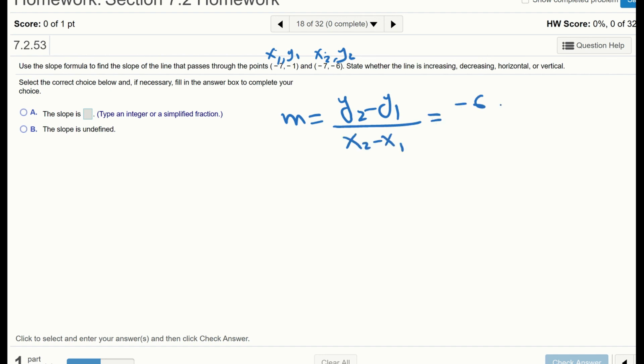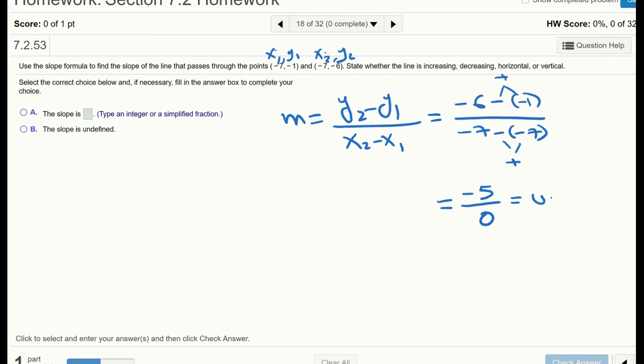So it's going to be -6 minus -1 over -7 minus -7. Both of those will turn into addition problems, and we end up with -6 plus 1, which is -5, over -7 plus 7, which is 0. So this is going to be undefined.